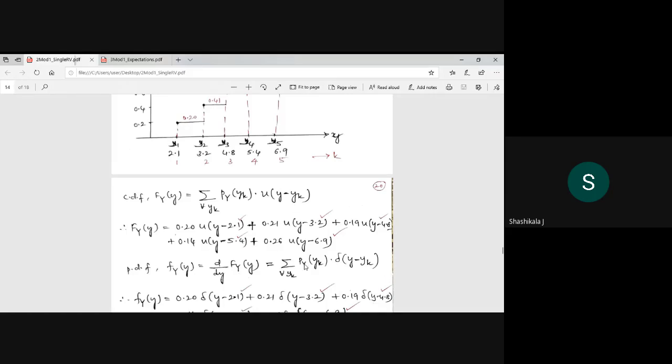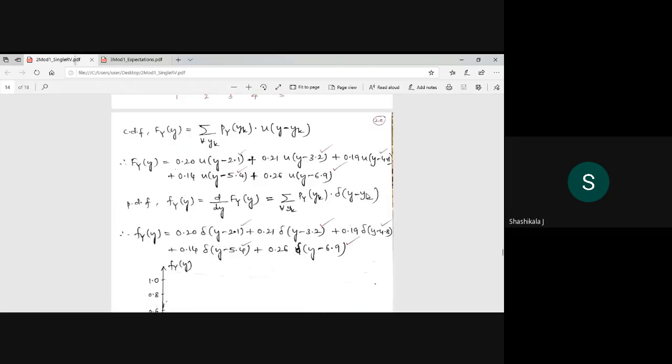This is Py of yk, or if it is x, then Px of yk. You can easily remember it as probability of yk times delta of y minus yk.